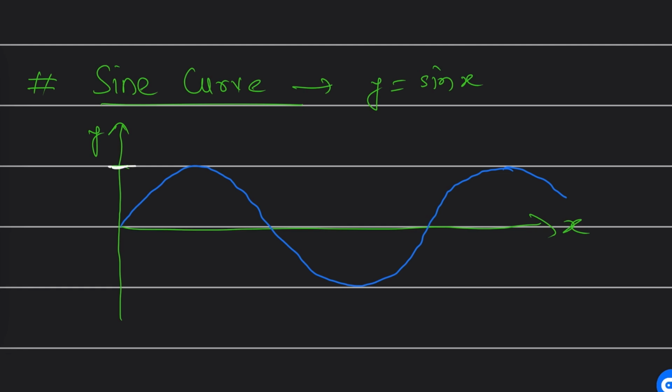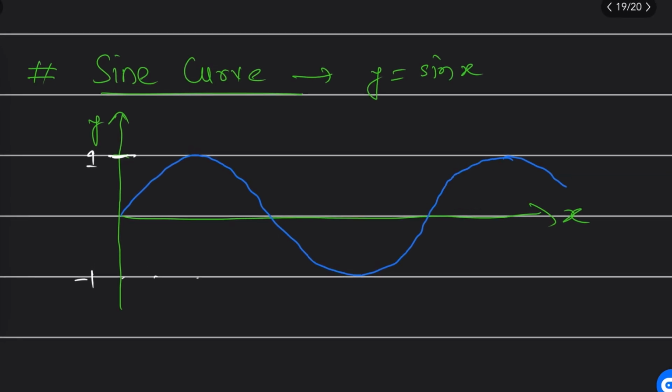The maximum value of sine is +1. The minimum value of sine is -1. So the sine range is -1 to +1. Y values are called range and x values are called domain. So the domain may be any value, but the range is -1 to +1. You understood? This is the sine curve.